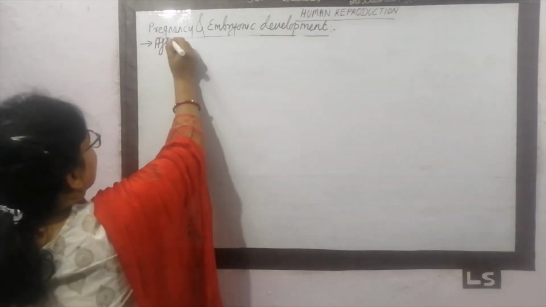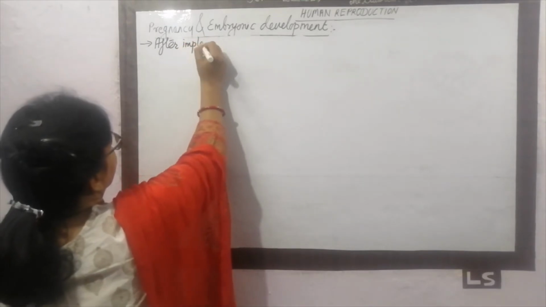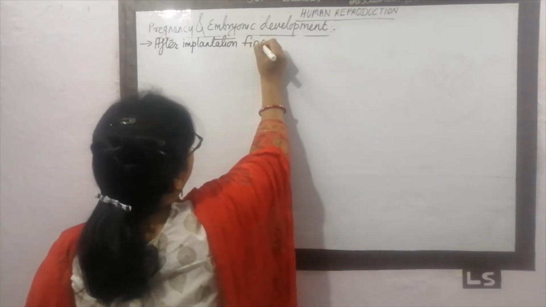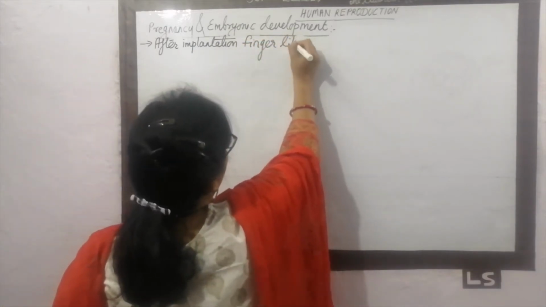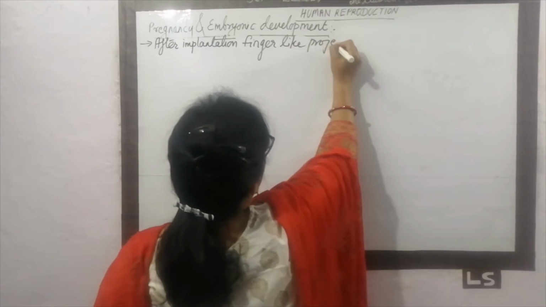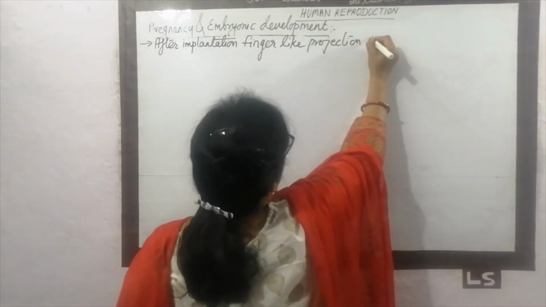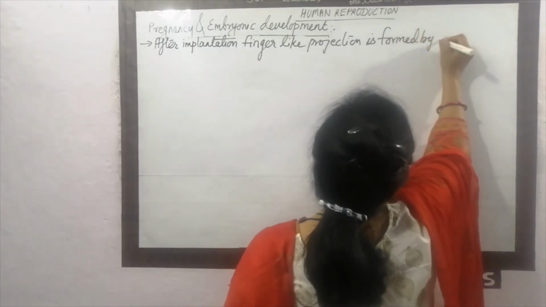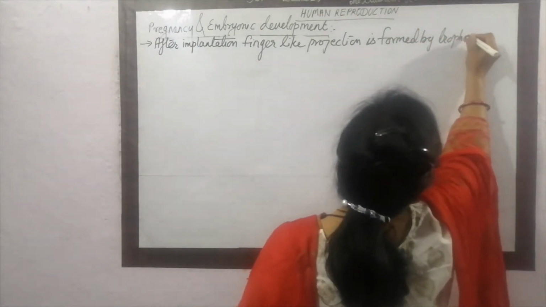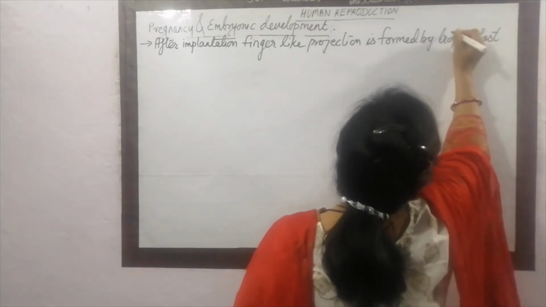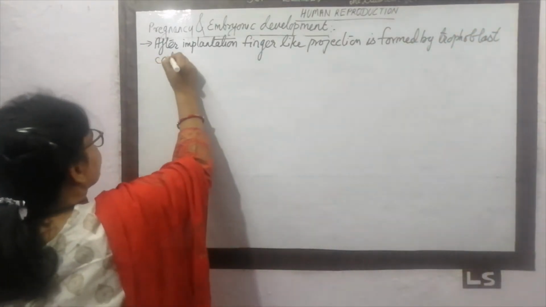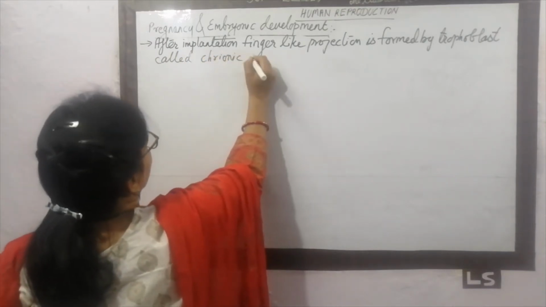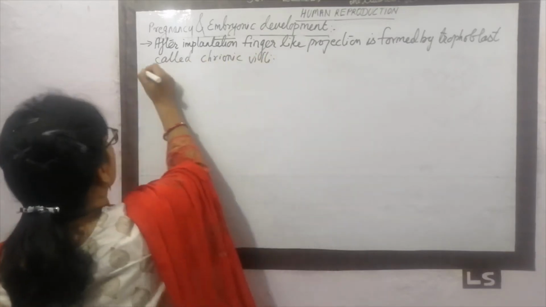After implantation, finger-like projections are formed by the trophoblast, called chorionic villi. What is the role of these chorionic villi?